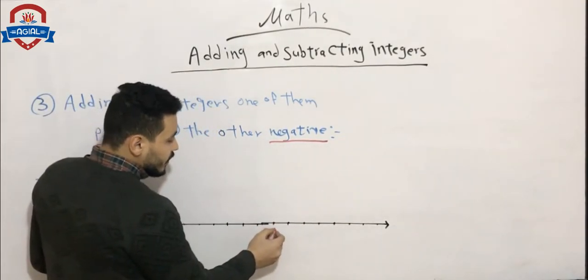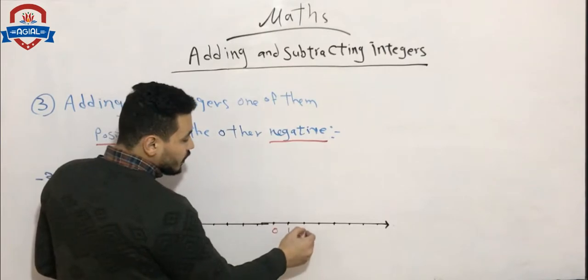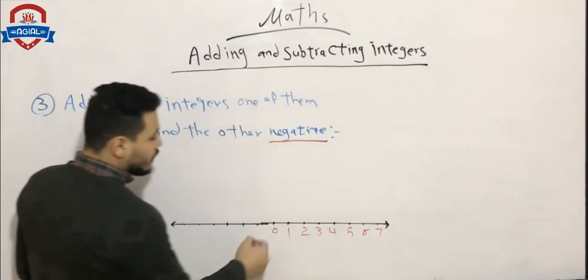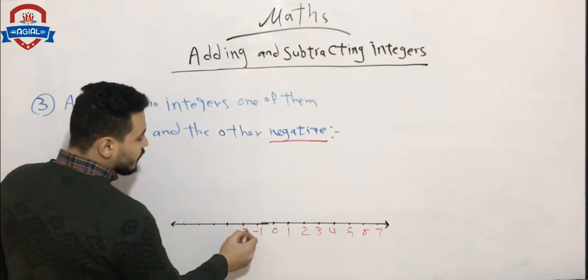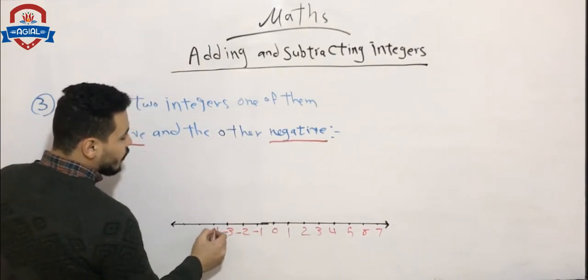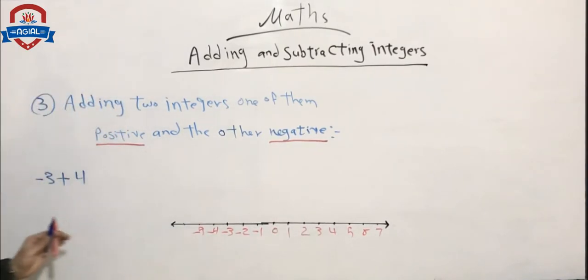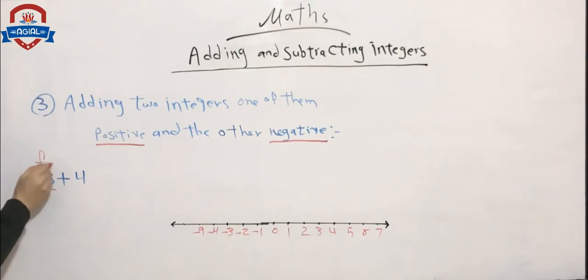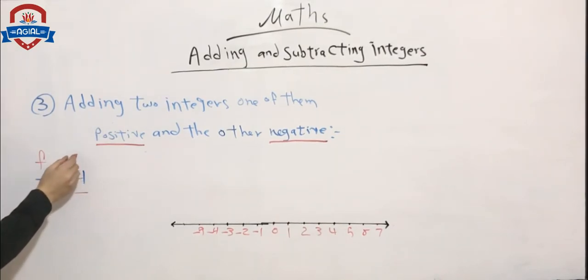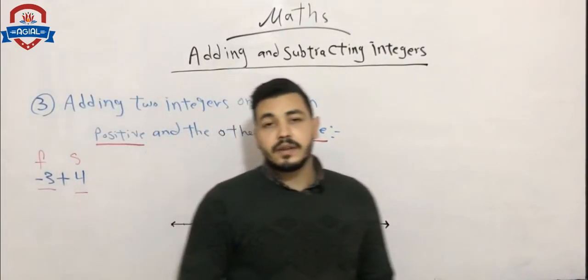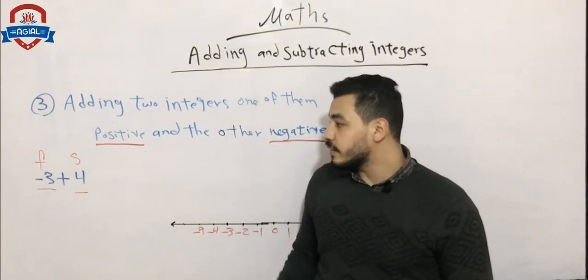So we have 0, and to the right we have 1, 2, 3, 4, 5, 6, 7, and to the left we have negative 1, negative 2, negative 3, negative 4, and negative 5, and so on. So if we need to add negative 3 plus 4, we have negative 3 as the first number and 4 as the second number. The sign of the first number, negative 3, is negative.